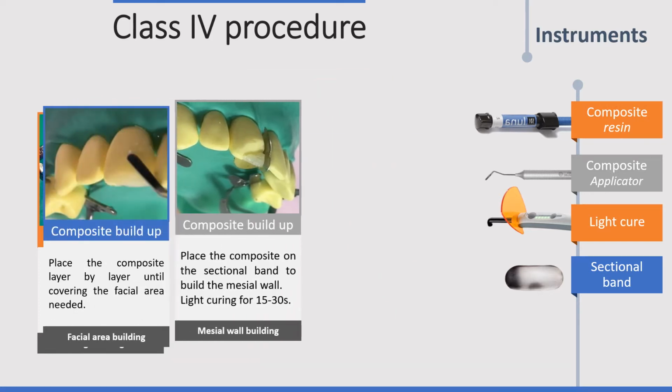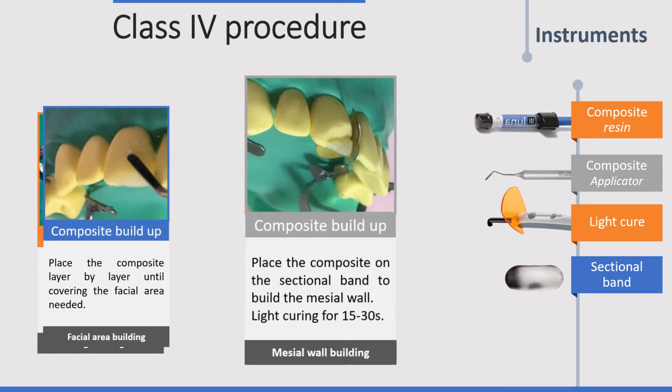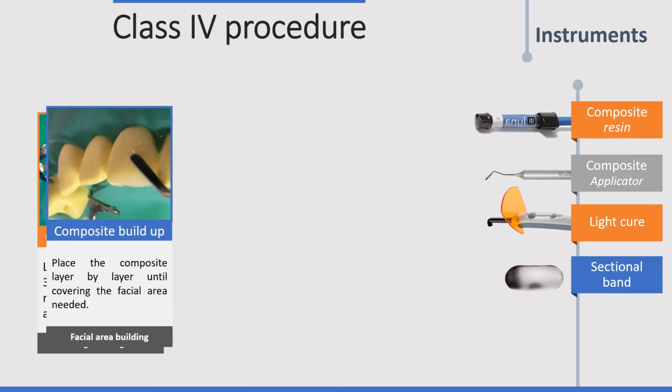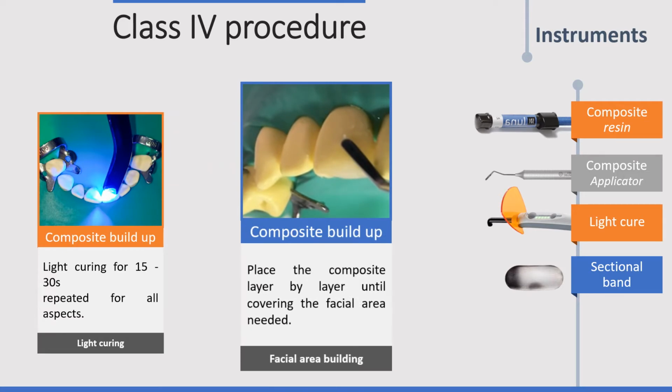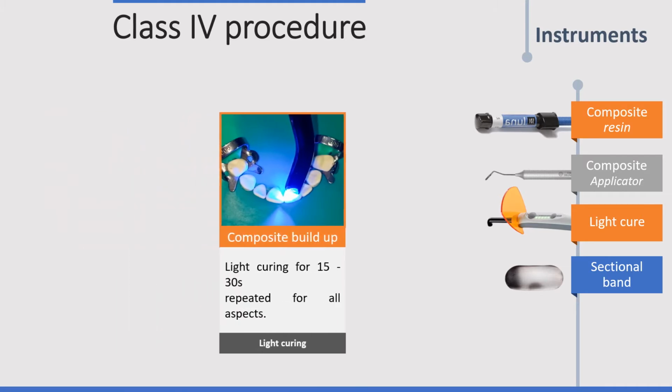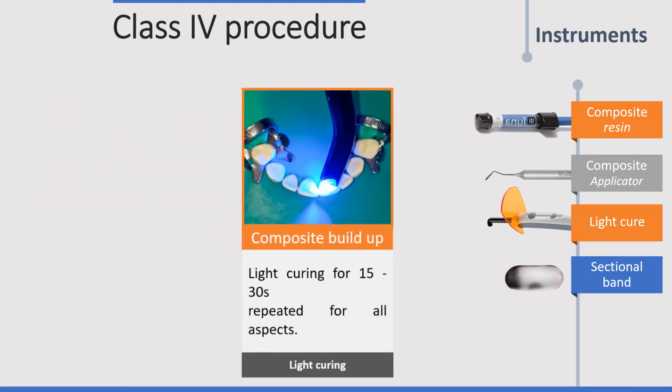Then place the sectional band to isolate the neighboring tooth and build the mesial aspect, then light cure it too for 15 to 30 seconds. After that, build the facial aspect of the tooth by applying a layer of composite, then cure it too. But take into consideration that light curing is done for all aspects for 15 to 30 seconds.